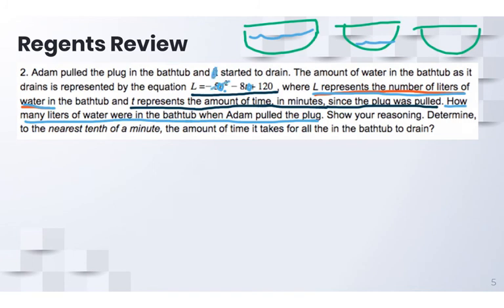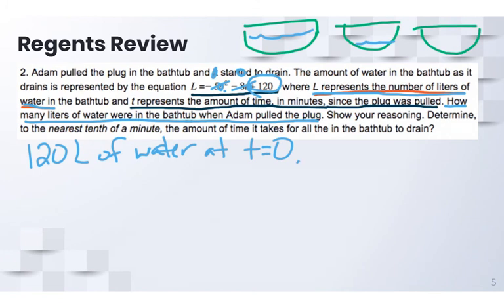This is 0. 0 times negative 8 is 0. So there's 120 liters of water at t equals 0, when Adam pulls the plug.